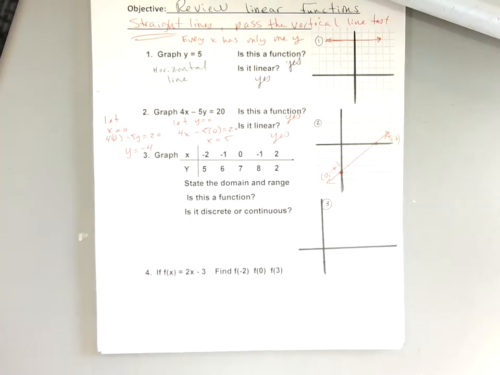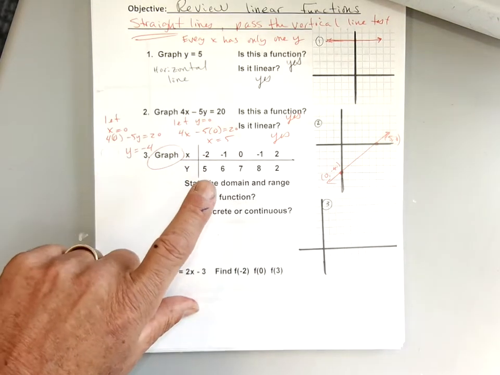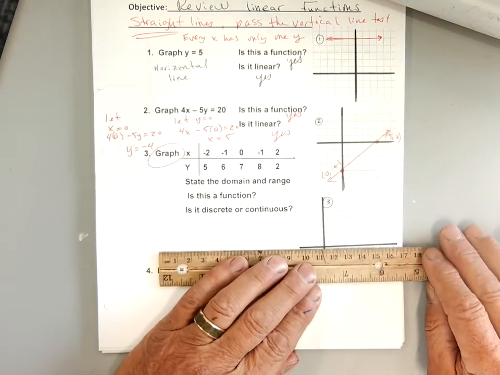All right, number 3. Let's graph it first. Now, these are just points, okay? So I've got a -2. Well, kind of went off my graph. Forgive me, you guys. I should have made my graph bigger.